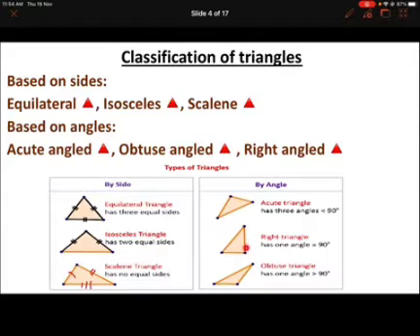Only one angle can be 90 degrees. Okay. The other two angles will be acute. Okay. Next, you have obtuse angled triangle, in which any one angle is greater than 90 degrees. Obtuse angled triangle. So these are the various types of triangles based on sides and angles. Okay.